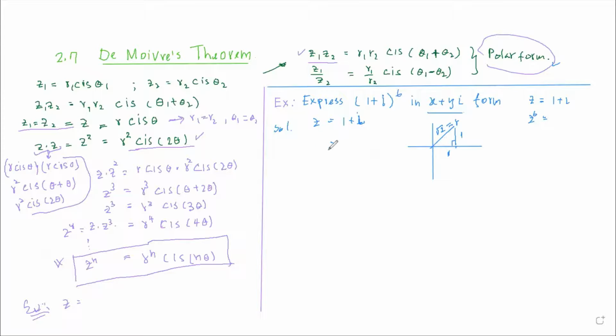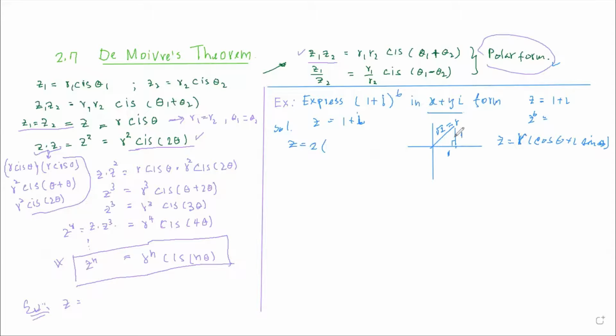So from this one, we're going to have z equal to, if we write in the polar form, z equal to r times cosine theta plus i sine theta. Then we have r equal to square root 2.